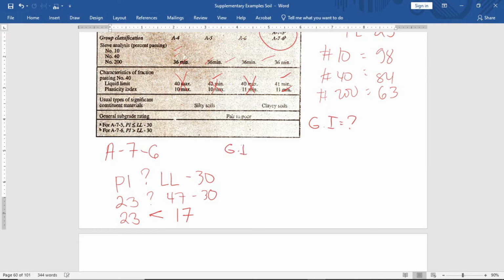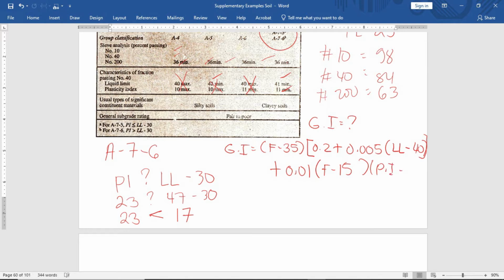So, GI is equal to, anong formula ng GI natin? F minus 35, times 0.2 plus 0.005 times LL minus 40, plus 0.01 times F minus 15 times PI minus 10.